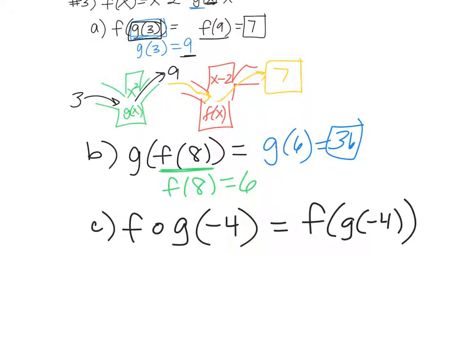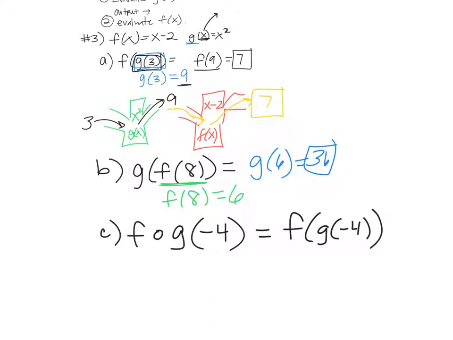If you want to rewrite it, you can. See how it didn't change places? F, g, -4, it stays in the same order. You're going to take -4 and plug it into g, get your answer, plug it into f. You try it. Same functions up here, x minus 2 and x squared.